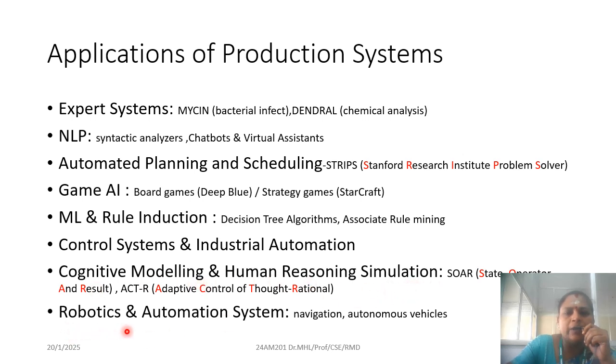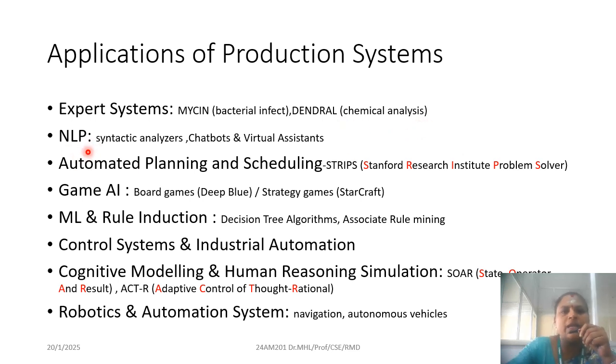Finally comes robotics and automation systems. Each field is very vast, so let us look at a few things regarding expert systems: MYCIN and DENDRAL. MYCIN is an expert system developed for identifying bacterial infections, and DENDRAL is for chemical analysis.